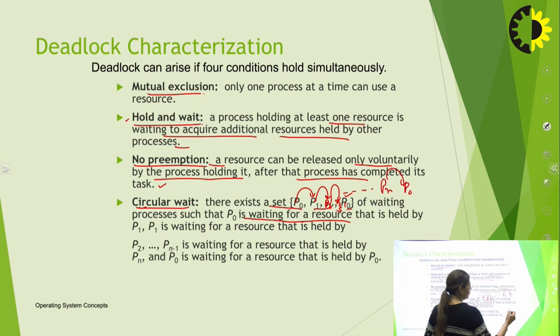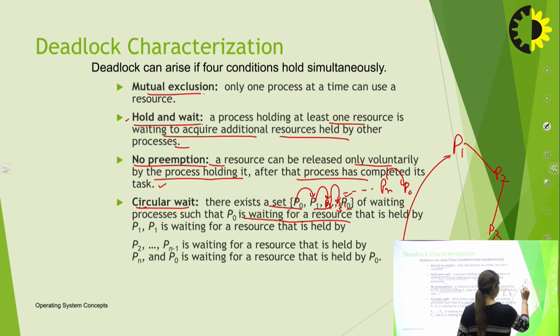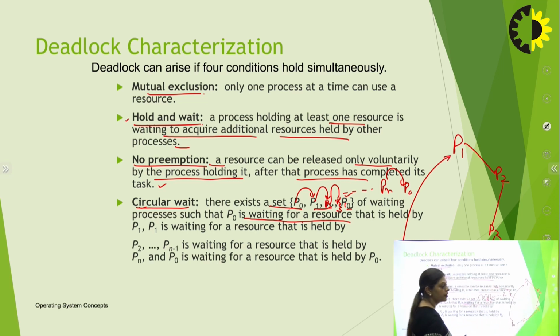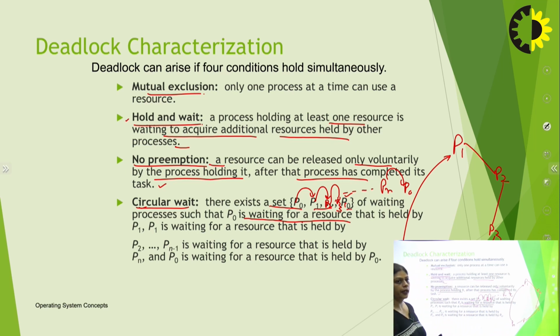You can consider it like this: P1 is waiting for P2, P2 is waiting for P3, P3 is waiting for P4, and so on up to Pn, and the last process is waiting for P1. So this way there is a circular wait and none of the processes is able to complete.